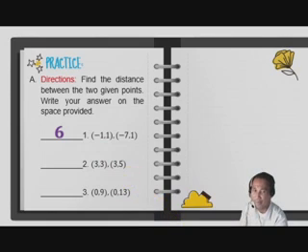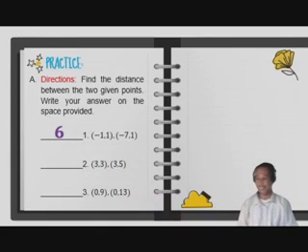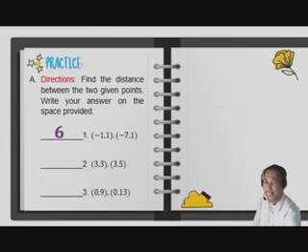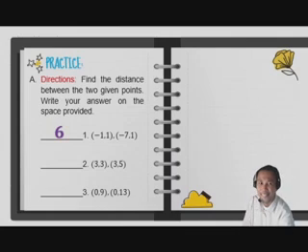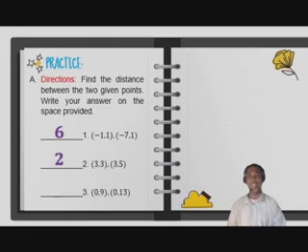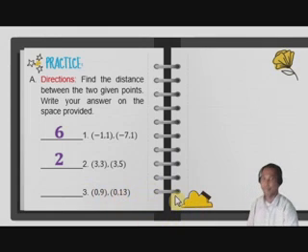Ayan. I will give you time to answer. Okay, let's check. If your answer is 2, then you got the correct answer. Ayan. So, how about number 3? 0, 9, and 0, 13. Okay.